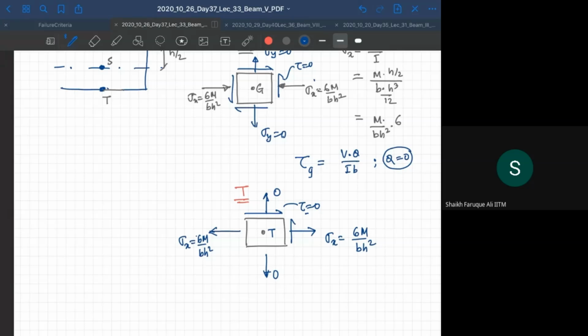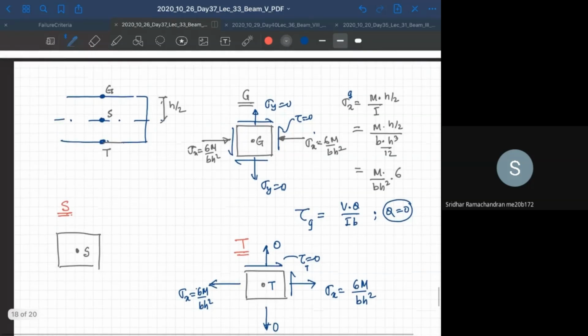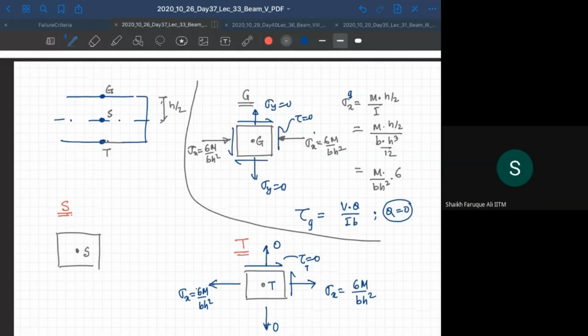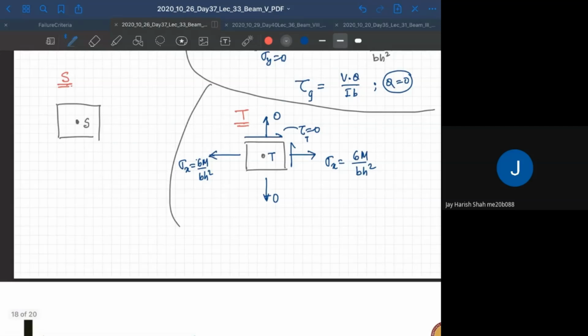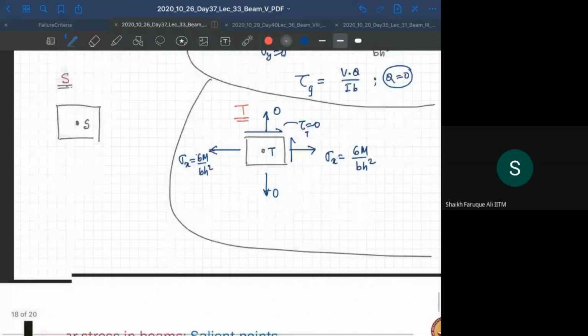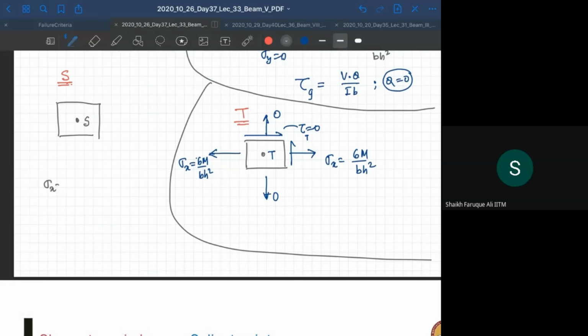Now let's look at S point. What will happen at S? What is your bending stress at S? Bending stress sigma x is equal to M y by I. What is y at center?